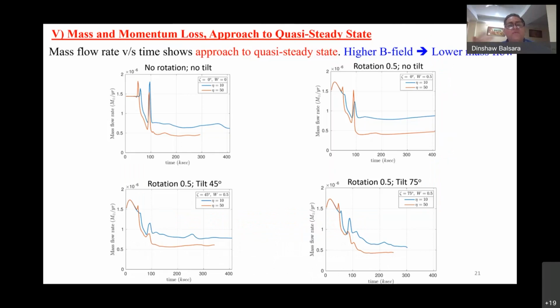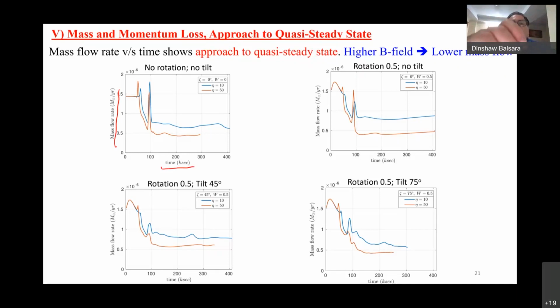The first thing we can do is let these simulations run and reach steady state. If you let them run for time scales of several days or weeks, you can have a steady state. This is giving an answer to part of what Arun asked, because it tells you the mass outflow rate as a function of time.